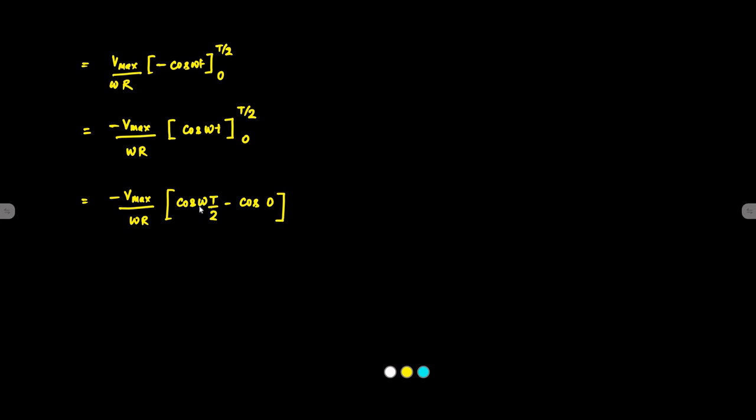Here we'll replace omega with 2 pi by T. So we'll write it as V max by omega R cos 2 pi by T into T by 2 minus cos 0.